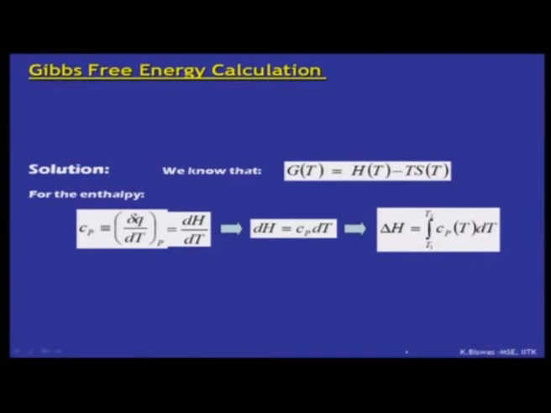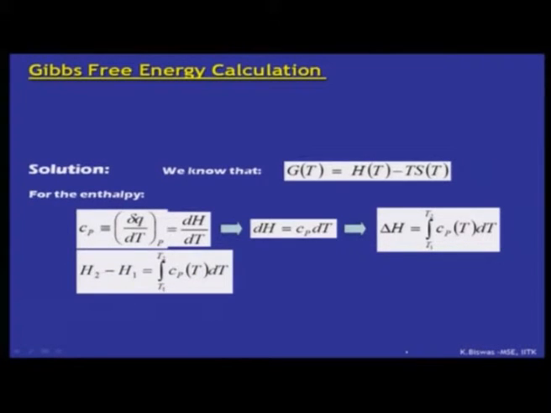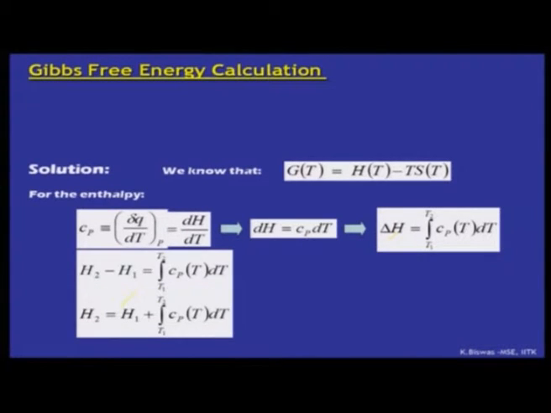So delta H is equal to the integral of Cp dT from temperature T1 to T2, very simple. And we can expand delta H and write it like this, H2 minus H1. So therefore H2 is nothing but H1 plus the integral of Cp dT.